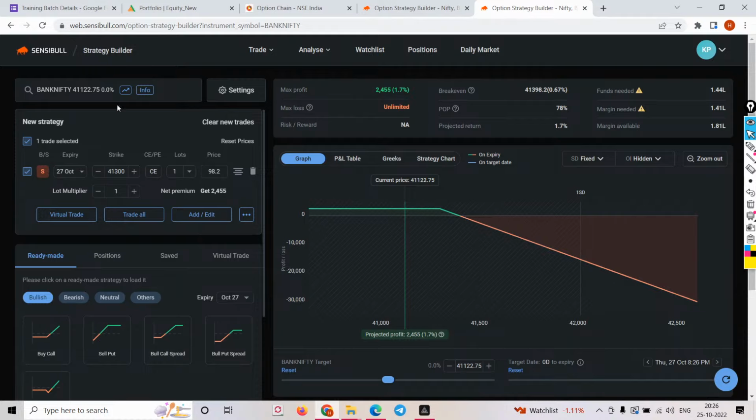Whenever we are selling a call, guys, tell me one thing. Whenever we sell 41,300, I wanted to get a response from everyone. When you're selling the 41,300 call, can you say that you're bearish about the market?